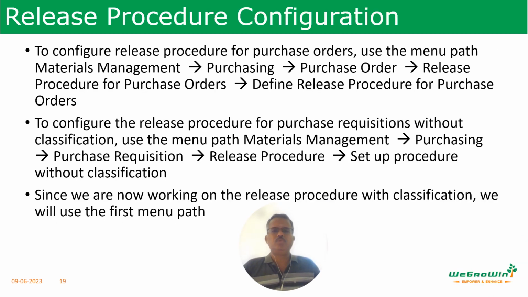Then the release procedure configuration. To configure the release procedure for purchase orders, the menu path shown here can be used. The second point is to configure the release procedure for purchase requisitions without classification, and that menu path is also shown here. Since we are working on the release procedure without classification, we'll use the first menu path.